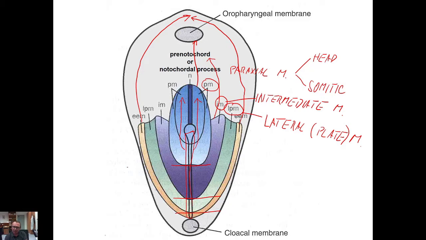And then we have this orange end of the primitive streak, which gives rise to a small population of cells forming a part of extraembryonic mesoderm. You already know extraembryonic mesoderm. It developed during the second week from hypoblast.